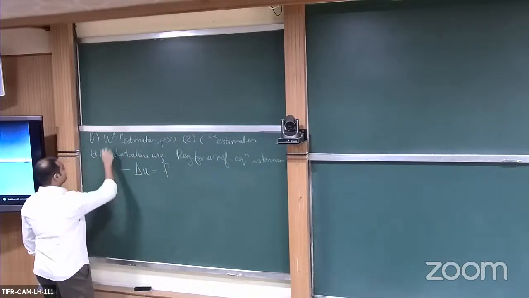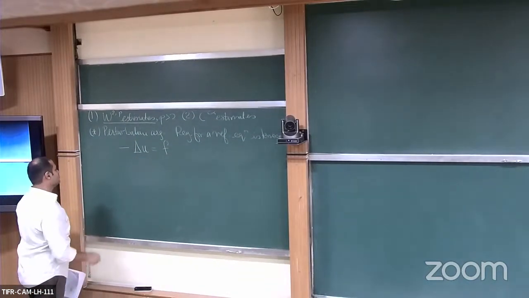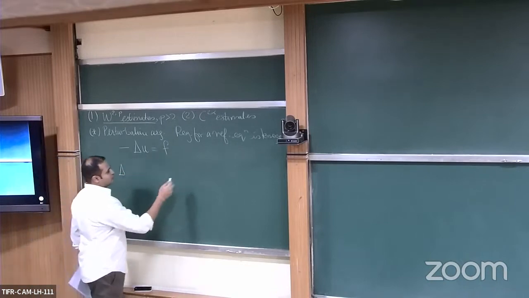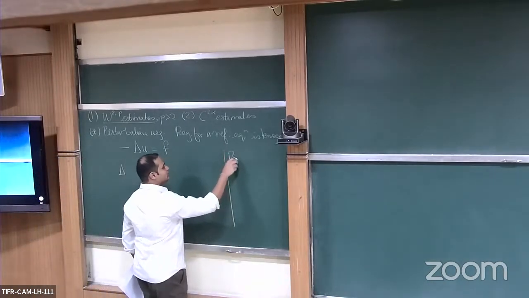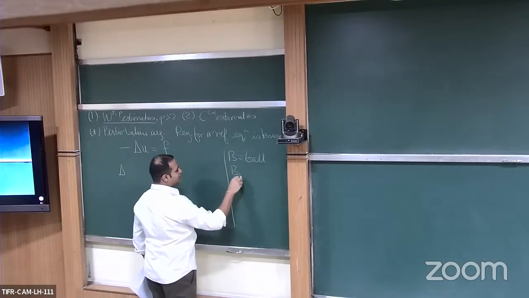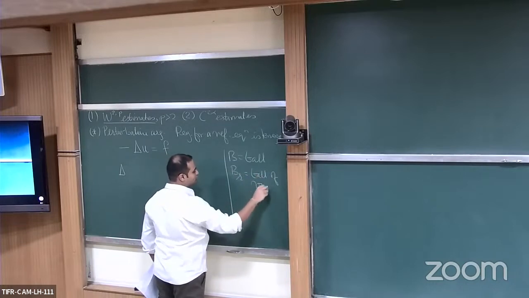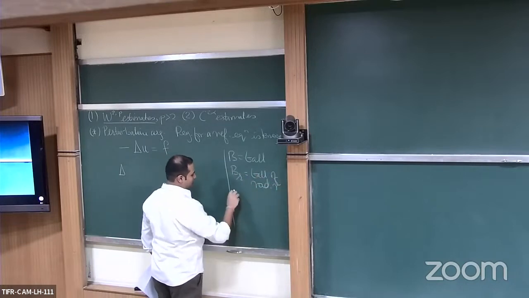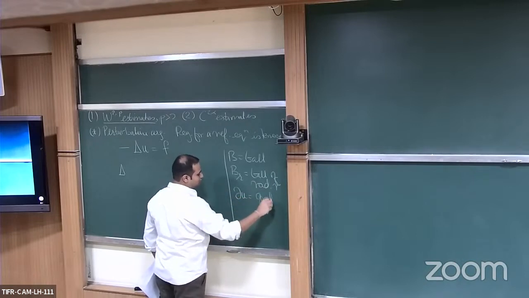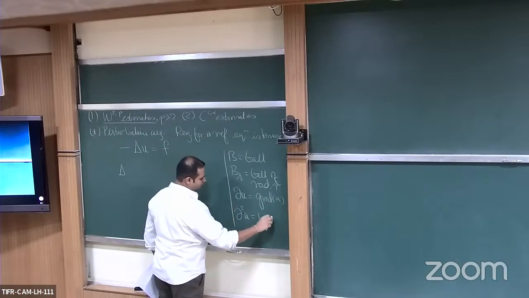And now let's go to this. The W2P estimates are as follows. So for notation, E will be a ball, and if I write something like ER, it's a ball of radius R. And grad U will be the gradient of U, and grad square U will be the Hessian.